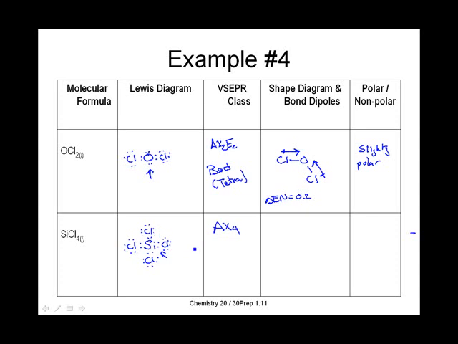We're just looking at the silicon here. It has 4 atoms around it, so it's going to be a tetrahedron. And because all the bonds are the same in terms of their electronegativity, it doesn't even matter if the bonds are polar or not. It's going to be a nonpolar molecule.